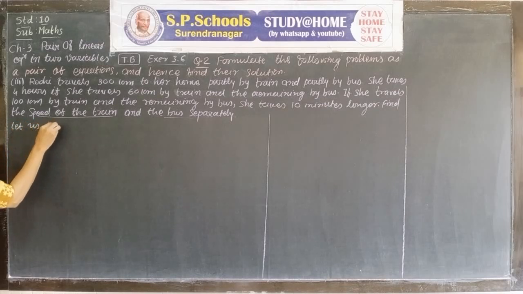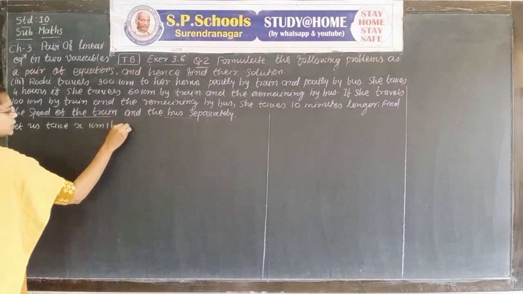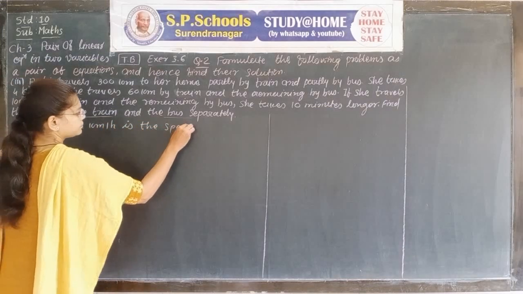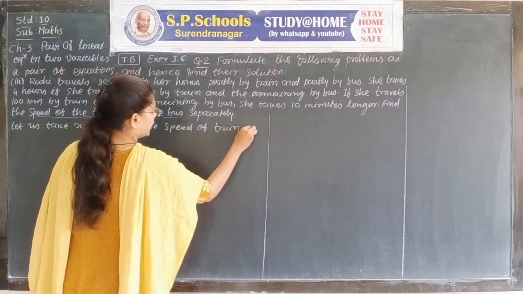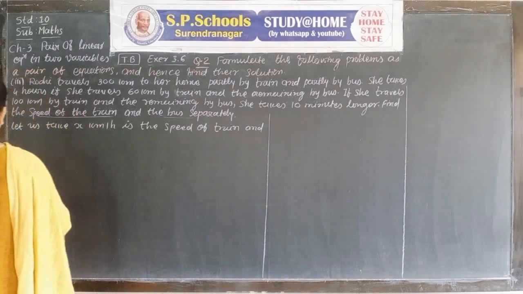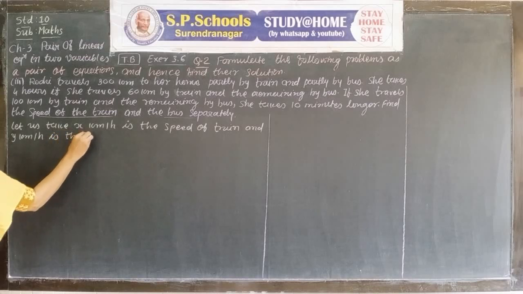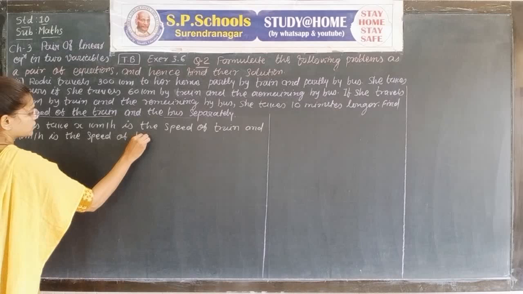Let us take x km per hour as the speed of the train and y km per hour as the speed of the bus.